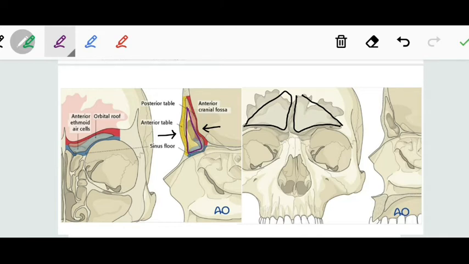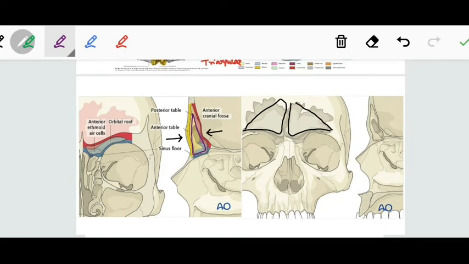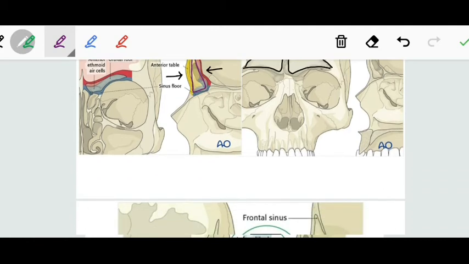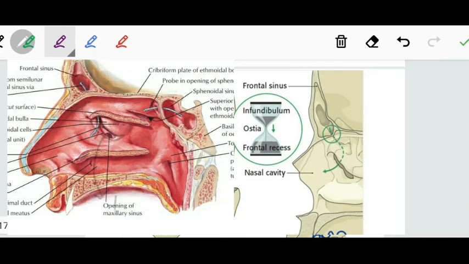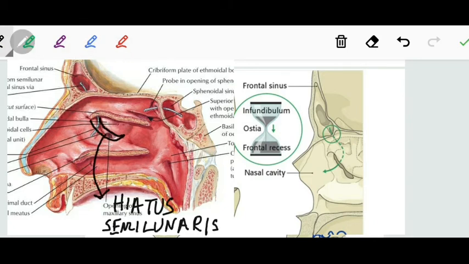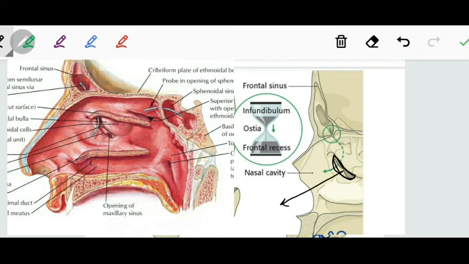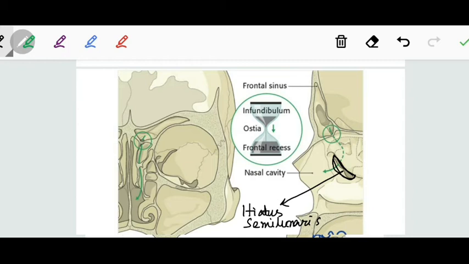Now each of the frontal sinuses drains into the anterior part of the hiatus semilunaris. What is that? In the lateral wall of the nasal cavity, underneath the middle concha, there is a semilunar cleft, which is called hiatus semilunaris. Okay, so the hiatus semilunaris is present in the middle meatus.